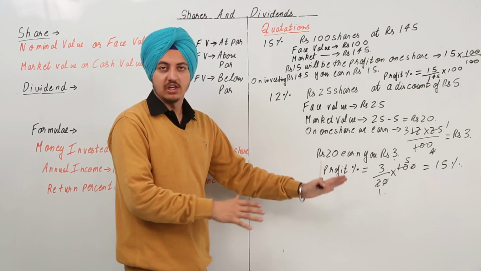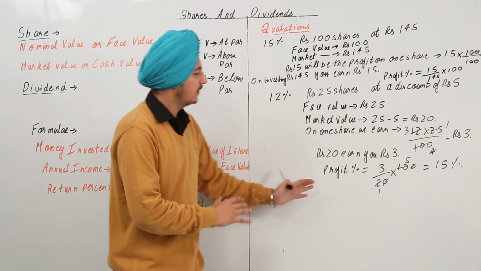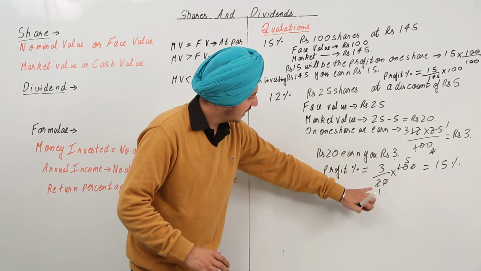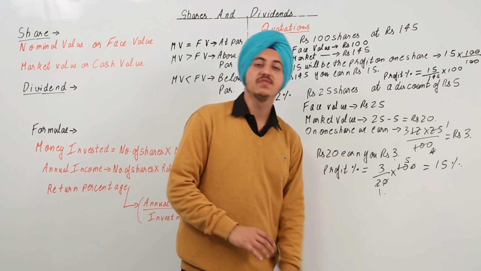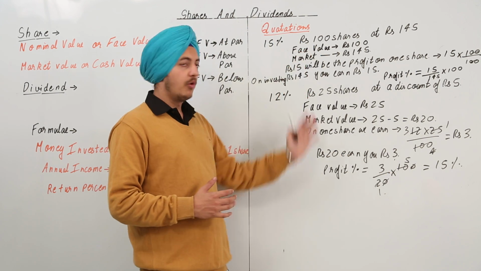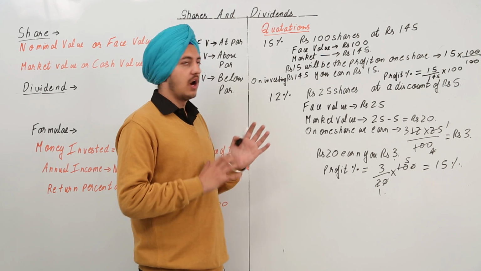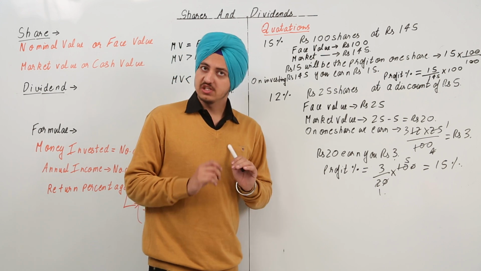I'm just confusing the division and multiplication. The profit percentage is 3 upon 20 into 100, that is 15%. I hope you understood how we solve all these quotations.